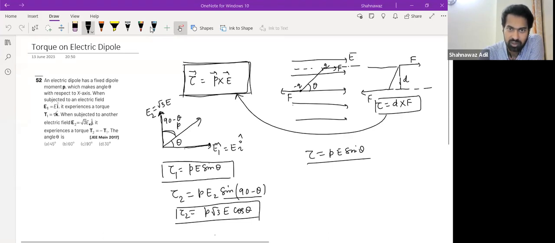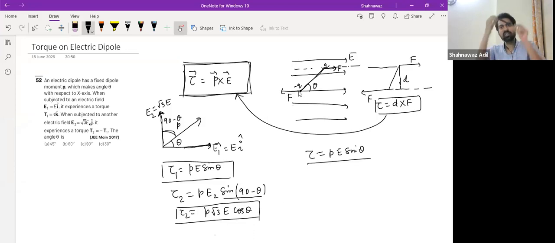Okay, so Faiza, we were just discussing this problem of torque on an electric dipole. You already know that when we place an electric dipole in an external electric field, it will experience a rotational force because the net translational force is equal and opposite, so it will cancel out, but it will experience a rotational force, torque.